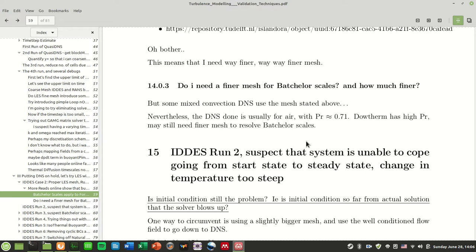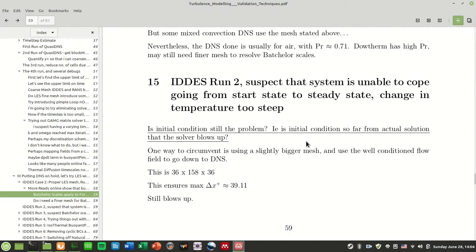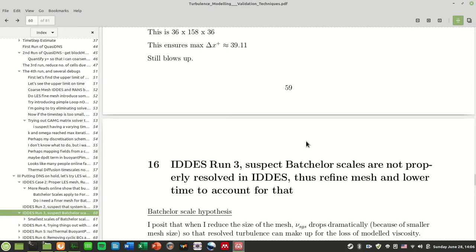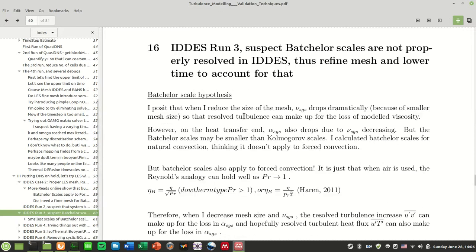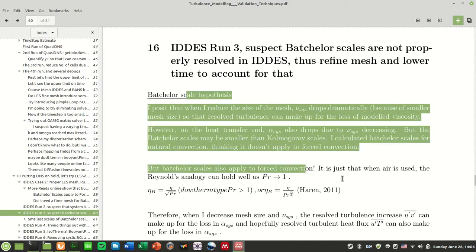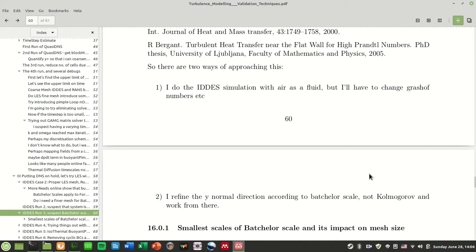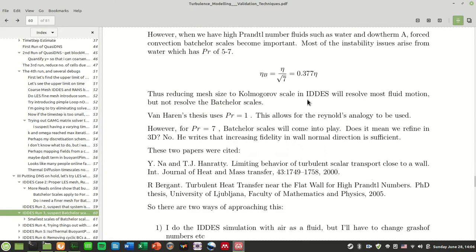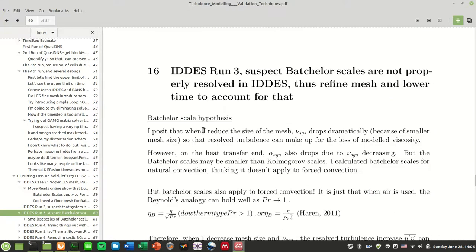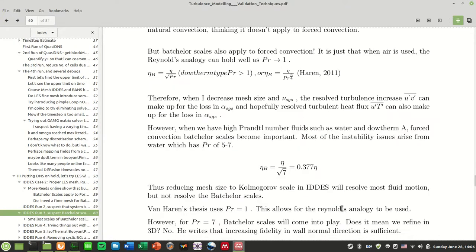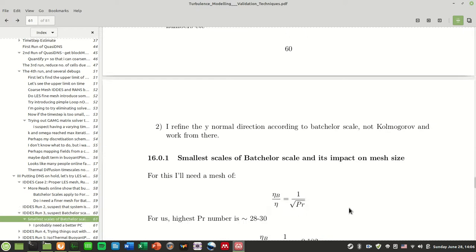However, even then, with this coarser mesh, it wasn't able to run. So I kept running IDDES. So were my Batchelor scales not small enough? Okay, if Batchelor scales were the issue, there are two ways I can actually deal with it.